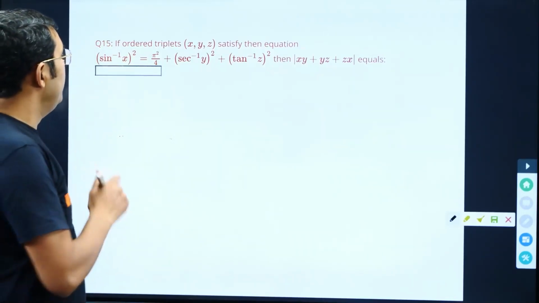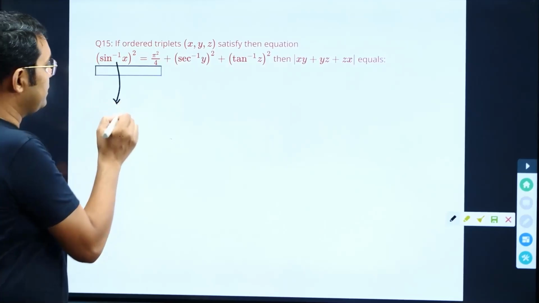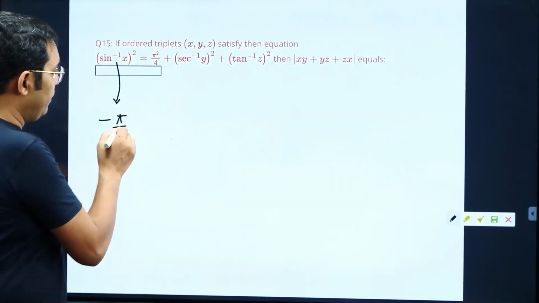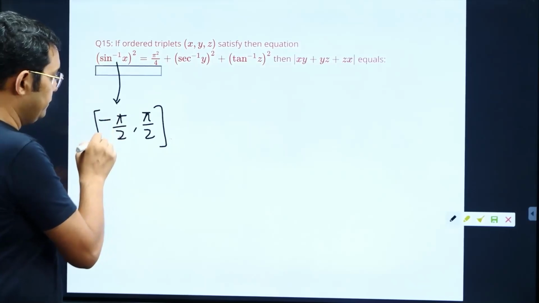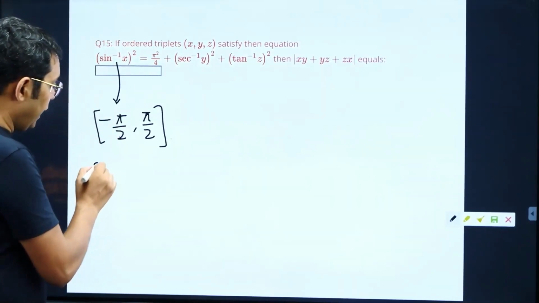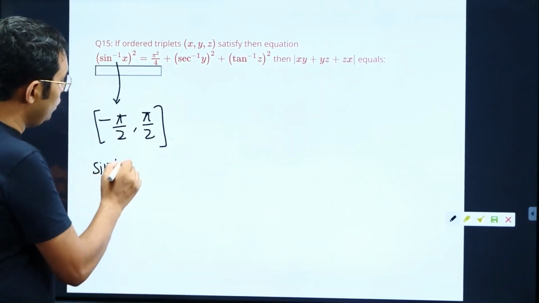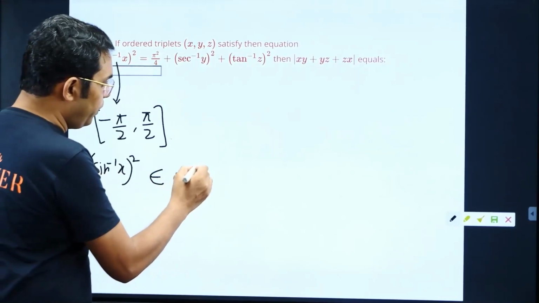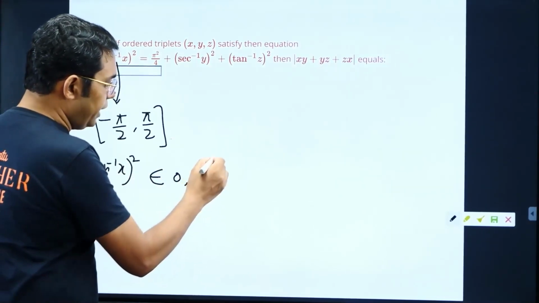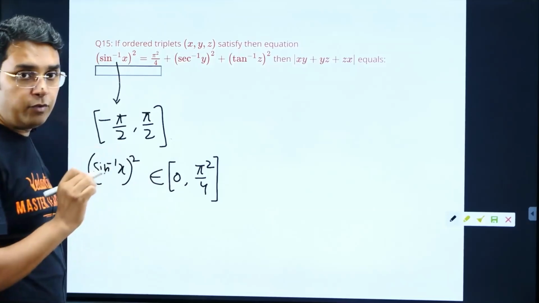Please see how. Sine inverse x, the range is minus pi by 2 comma pi by 2, closed bracket both sides. Which means sine inverse x whole square will take values from 0 to pi square by 4. It cannot be more than pi square by 4.